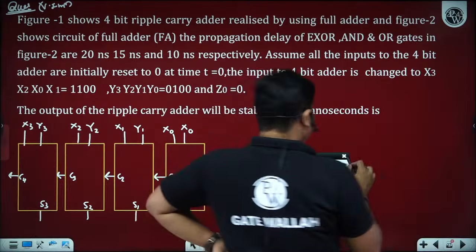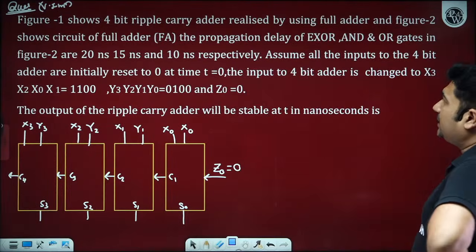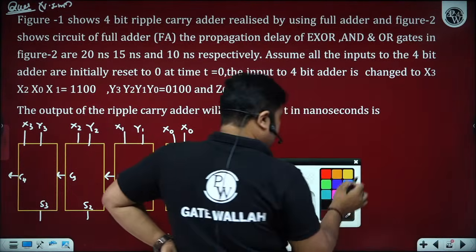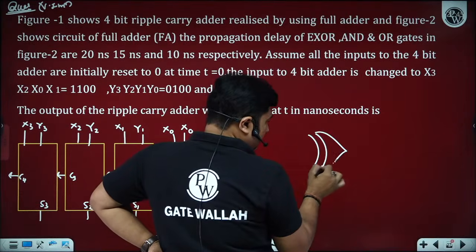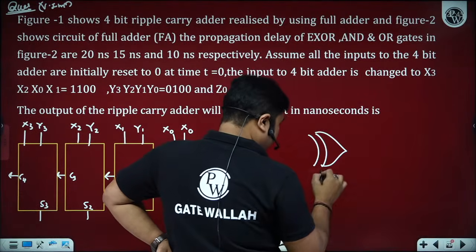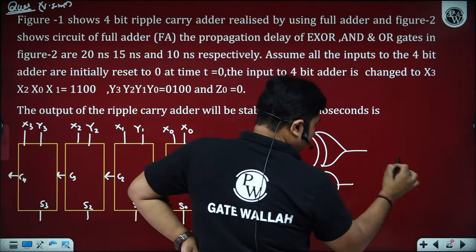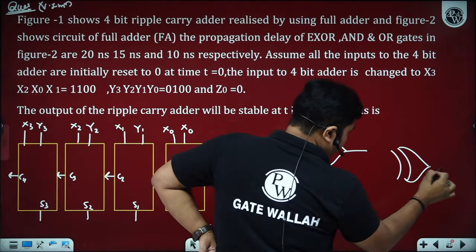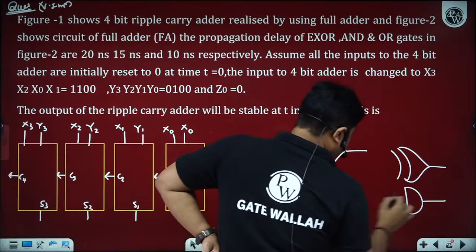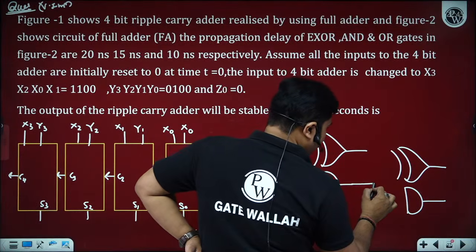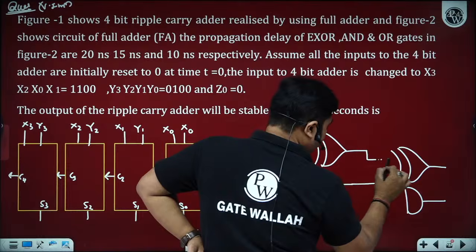And figure 2 shows the circuit of the full adder. This full adder is implemented by 2 half adders and 1 OR gate.